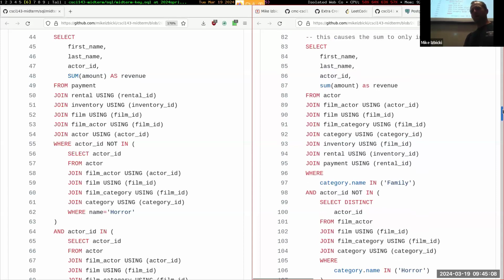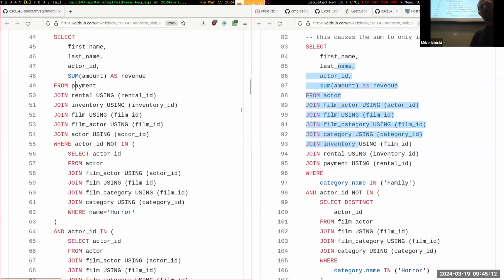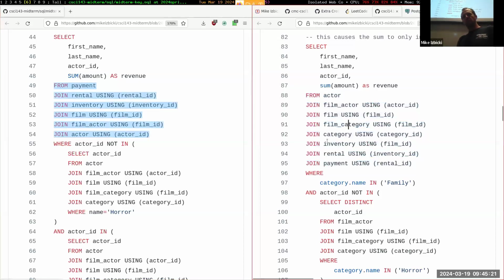What's different from this solution on the right and my solution on the left is that you can notice there's a lot more tables being joined over here on the right-hand side than in my solution. And in particular, those extra tables are the category table over here and film categories. So this whole joining is actually including the category over here.